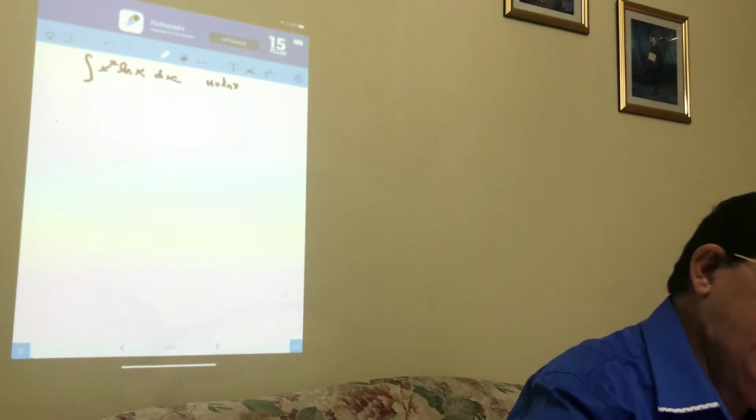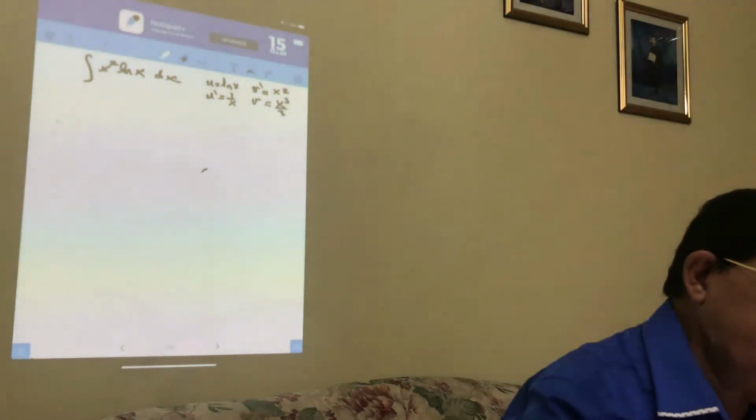And dv by dx, or v dash, is x squared. Then u dash is 1 over x, and v equals x cubed over 3.